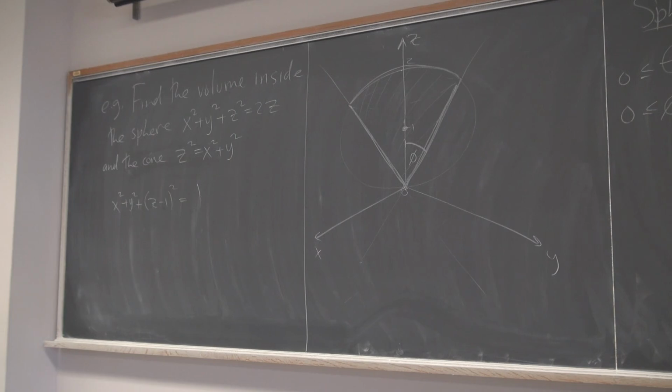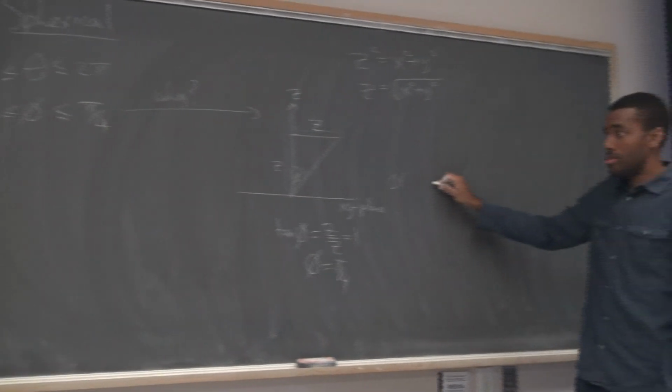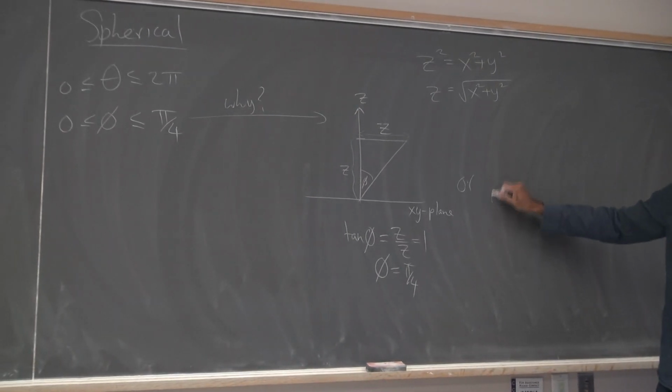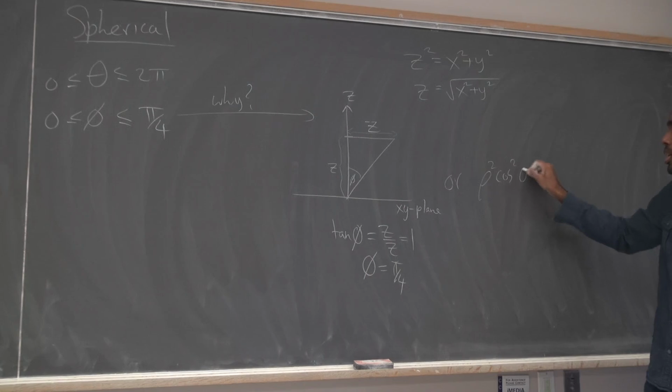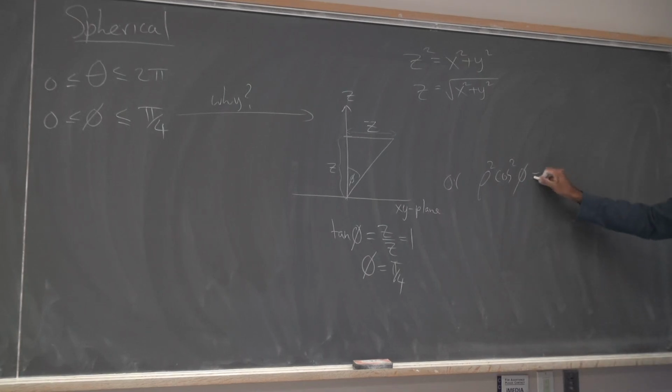There is another way. Again, going by this equation, my z is what in spherical? Rho cosine phi, so z squared is rho squared cosine squared phi, and that equals my x squared plus y squared, which would be rho squared sine squared phi cosine squared theta plus rho squared sine squared phi sine squared theta.